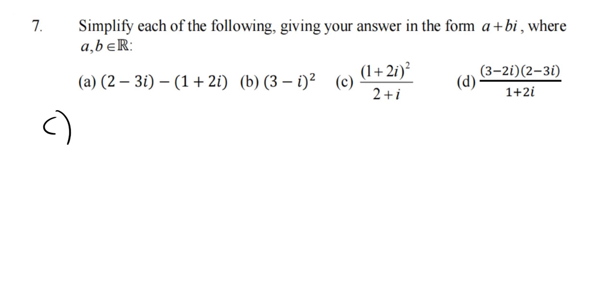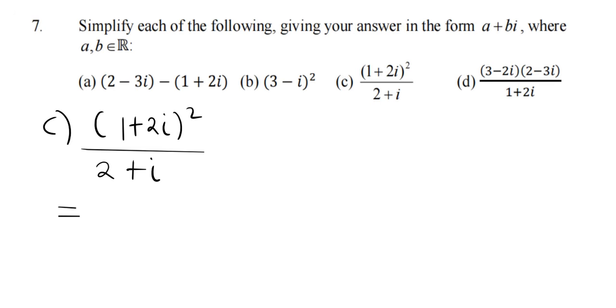So for c, c and d, I think they're the same. We're going to have c first, 1 plus 2i, squared, over 2 plus i. Now here, what are we supposed to do? Let's first solve what we have on top.